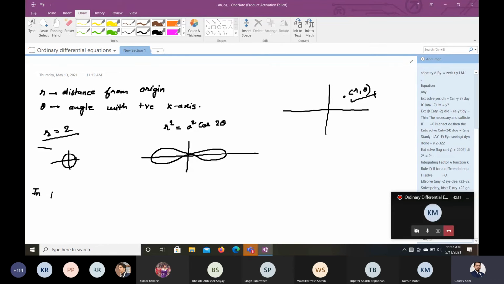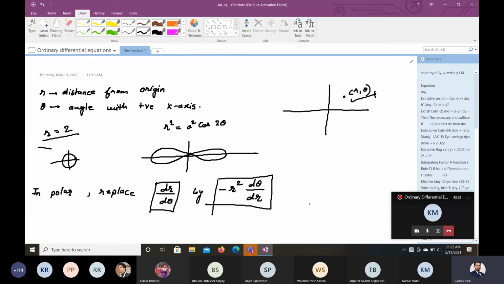In polar, replace dr by d theta with minus r square d theta by dr. Just remember this, we won't go into details of the proof. So if we have a polar equation, then dr by d theta needs to be replaced by minus r square d theta by dr. Very important point.